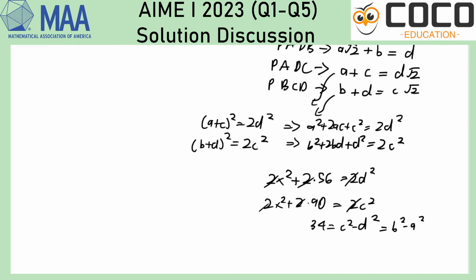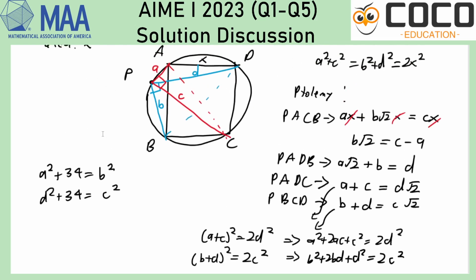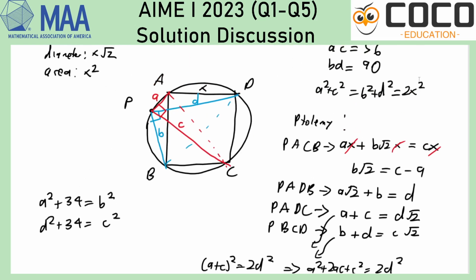So let me write it. I think I have too many equations there. In fact, it's scaring me a little bit. A squared plus 34 is B squared. D squared plus 34 is equal to C squared, and then I've also got AC is 56 and BD is equal to 90.